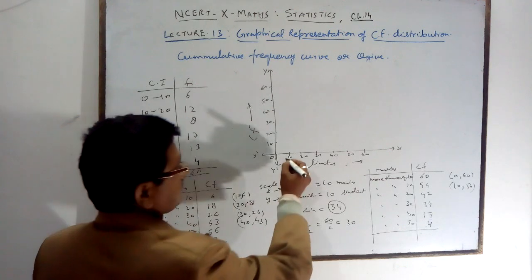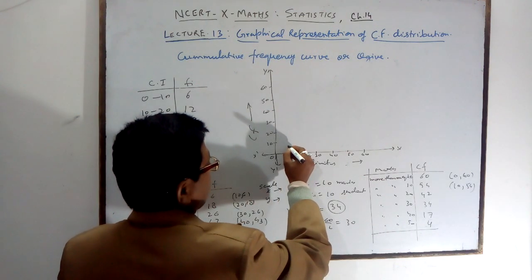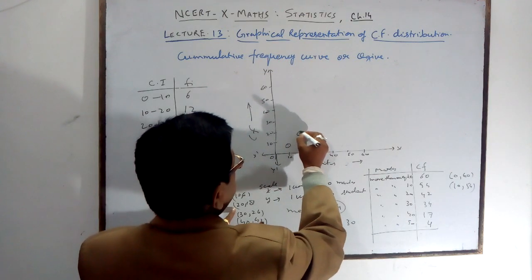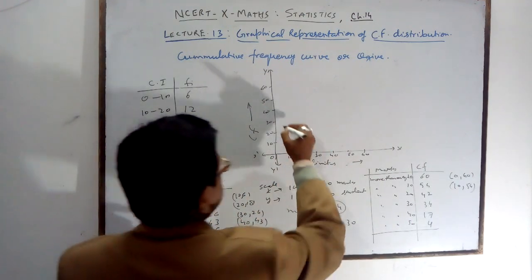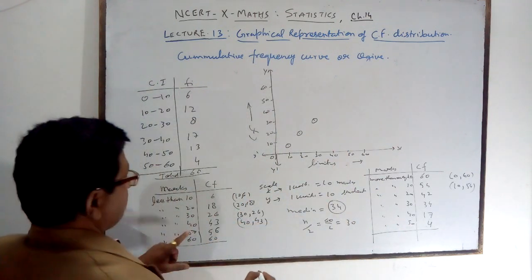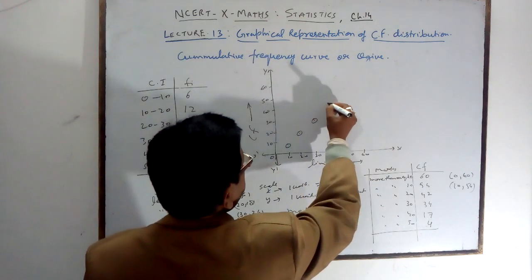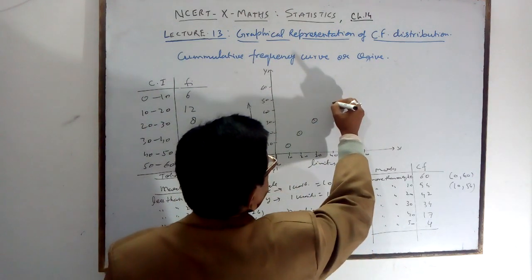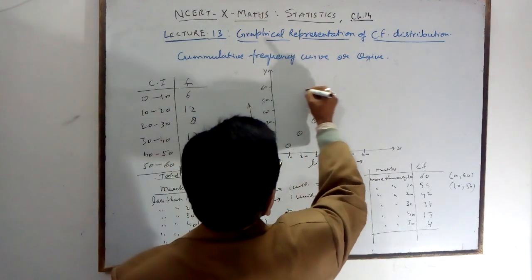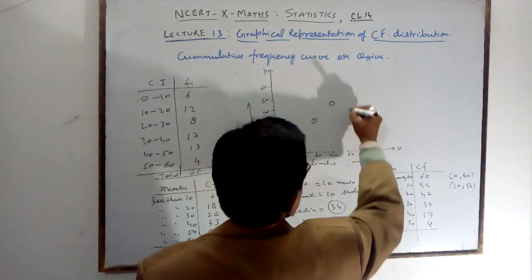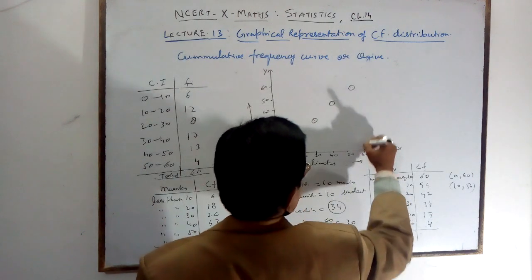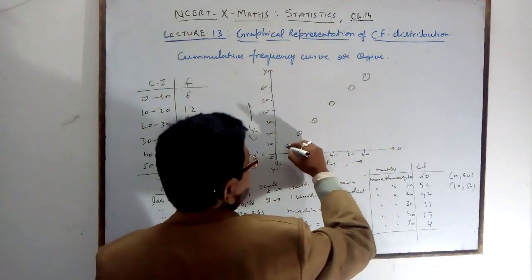First you draw 10, 6, you start and complete. 10, 6, 20, 18, and then 30, 26, and then 40, 43, and 50, 56, and 60, 60. You are getting this, and you draw it.